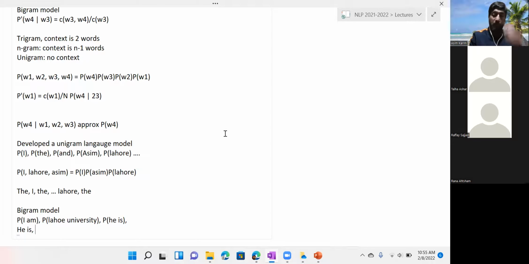Maybe you might get another, and let's say I am, and so on. So as you can see, if you increase the model length and use that model to generate, you will get more meaningful sequences of words because they will be capturing correct usage of words in the corpora. Any questions?